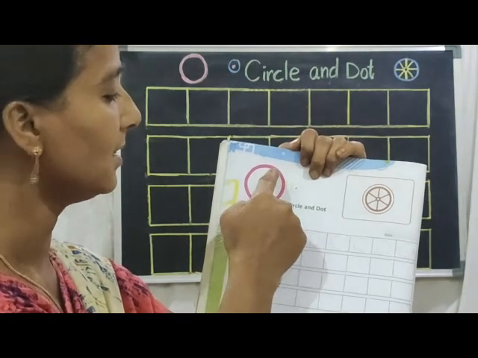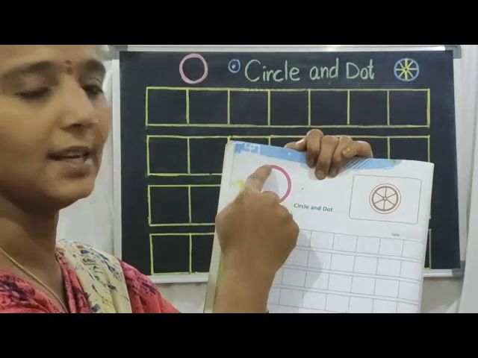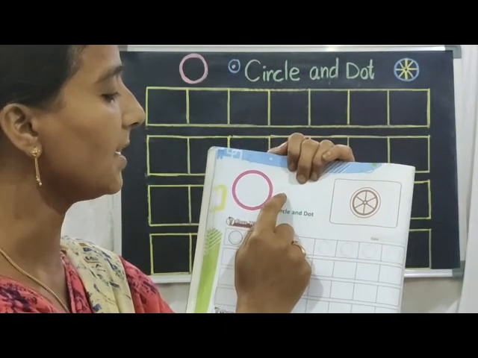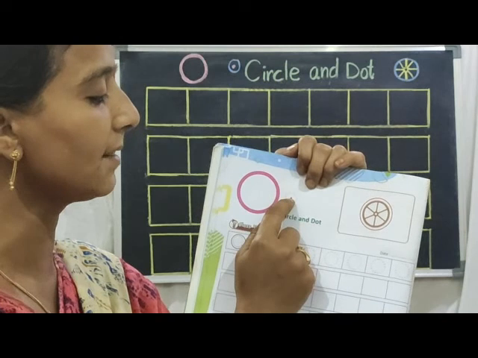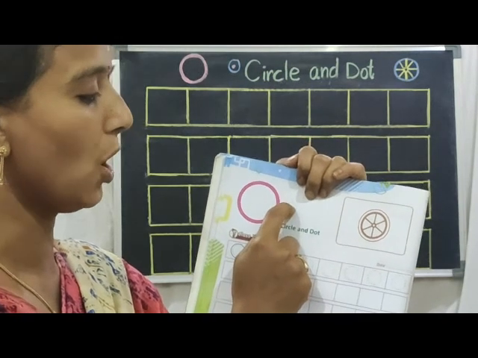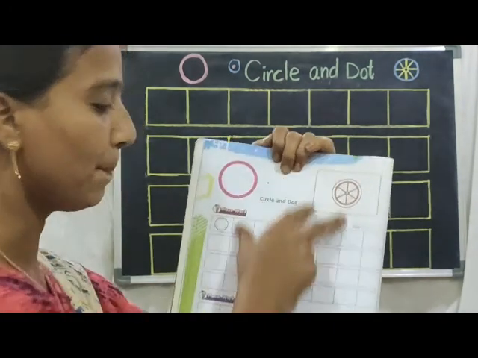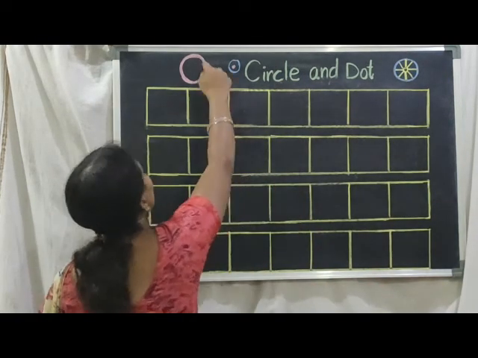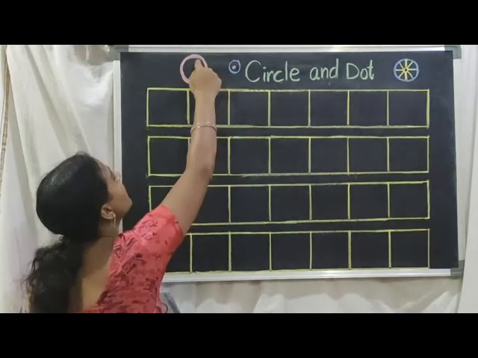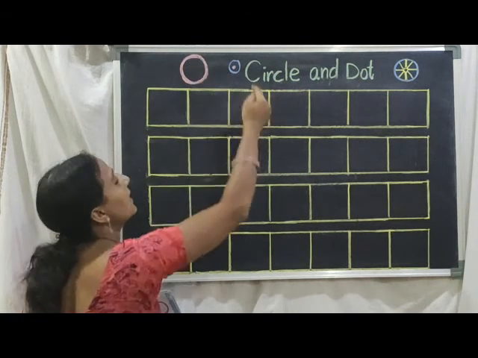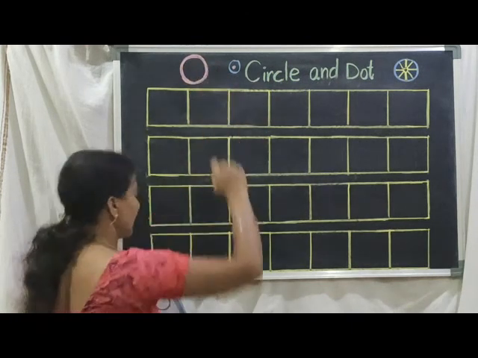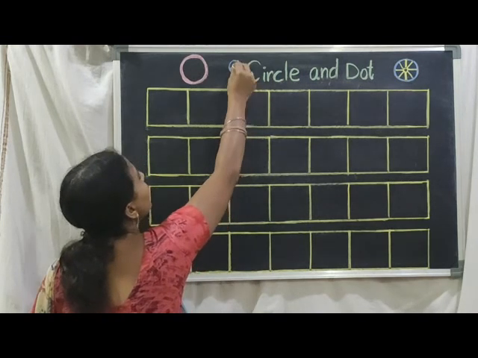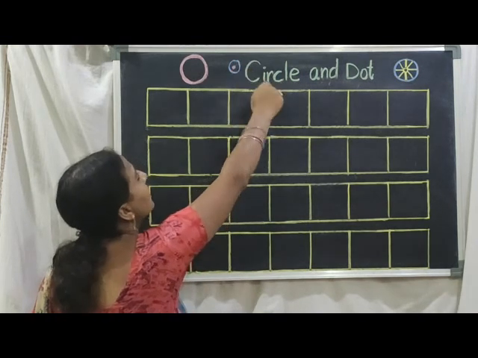Circle. Look, children, here we are seeing the dot. The same page I have drawn here. All of you look here. What is this, children? Circle. And here we are seeing the dot.